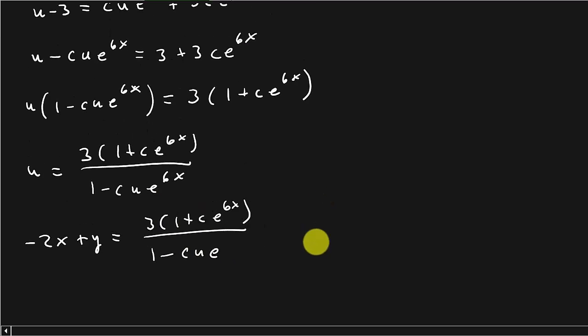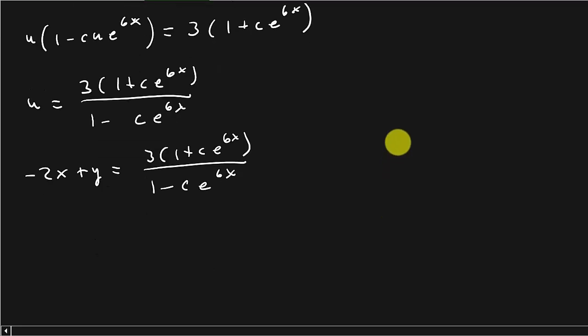Wait a minute. What in the world did I do? Why did I put a u there? C e to the 6x. There we go.